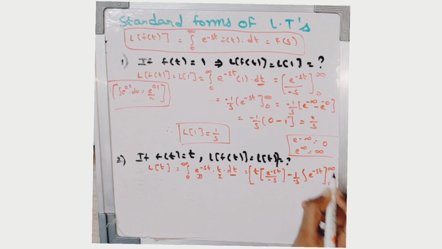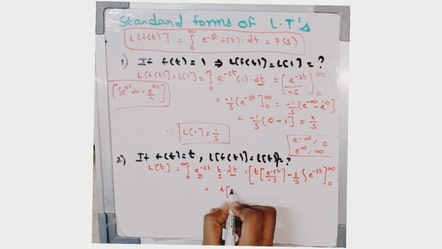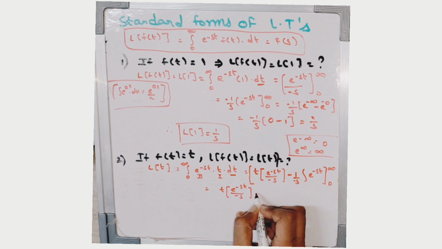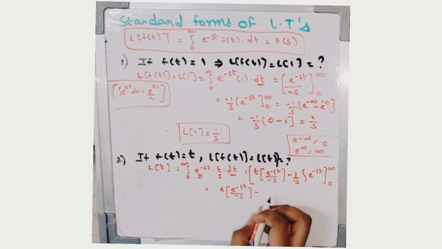Into the integral, limits are from here to here. So t into e power minus st by minus s, minus 1 by minus s.